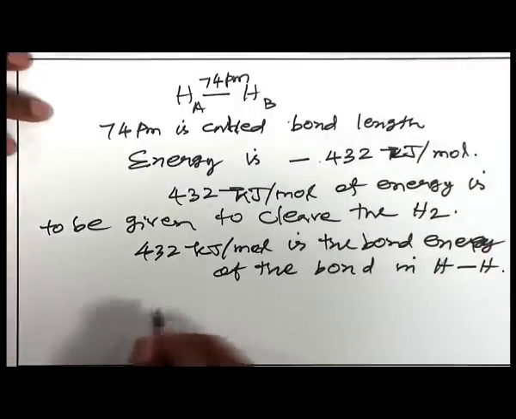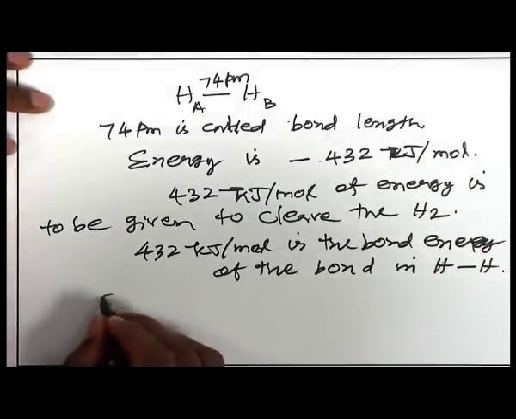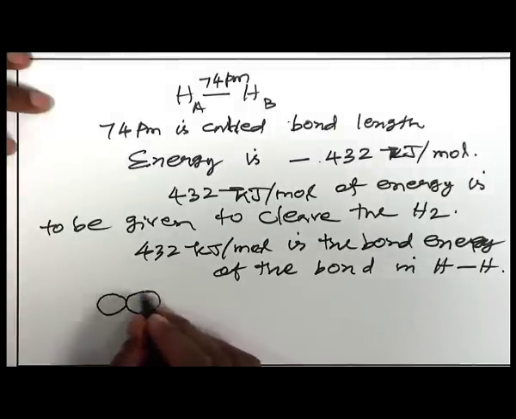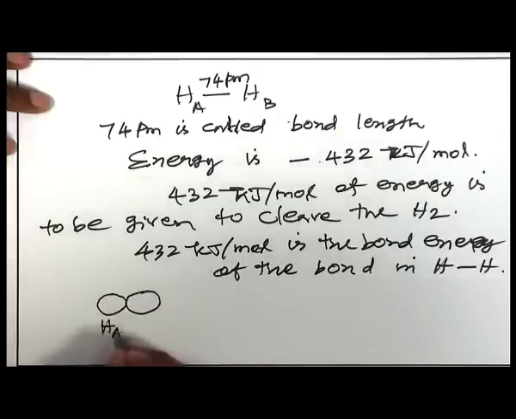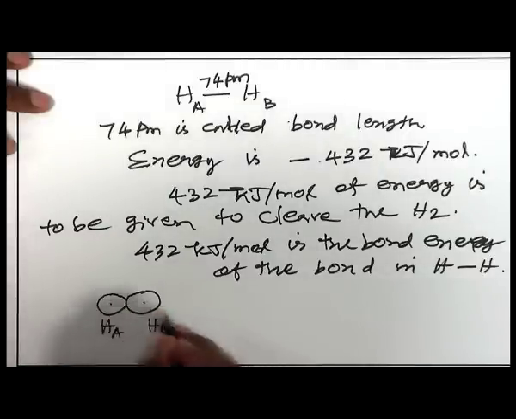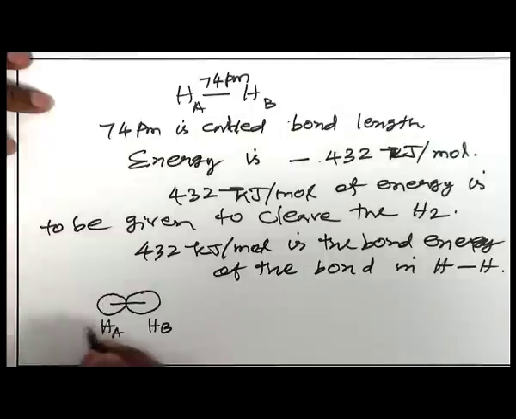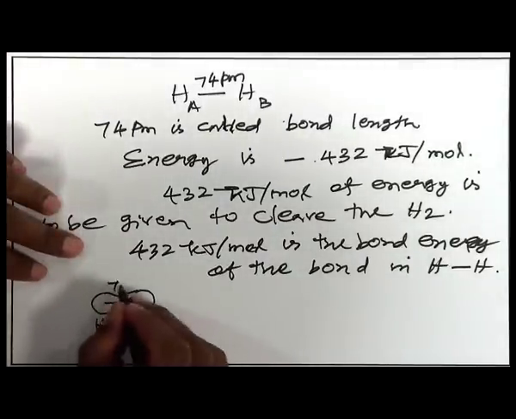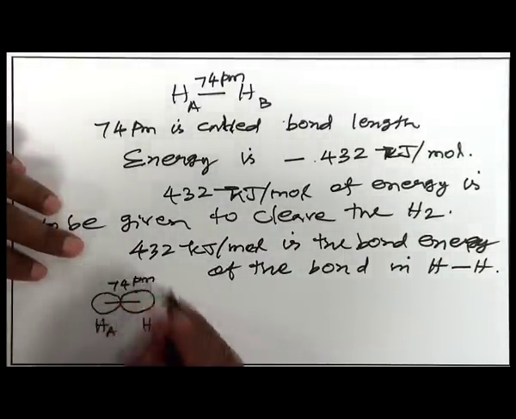So, you have one hydrogen atom, and you have another hydrogen atom. Let us say this is HA and this is HB, this is a nucleus, and this is a nucleus. The distance between the two centers of the two hydrogen atoms is 74 picometer.